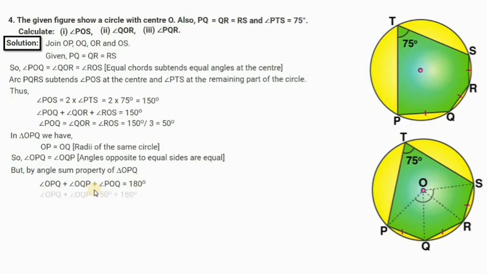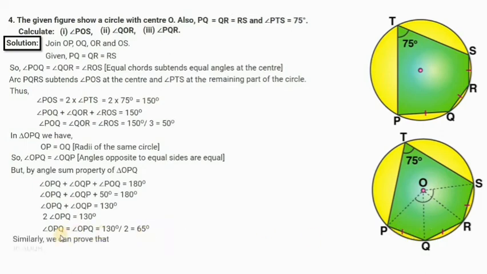We have the value of POQ, which is 50. So OPQ plus OQP will be 130. Since both of them are equal, I'm writing 2 times OPQ here. So the value of each angle turns out to be 65. So this is 65 and this is also 65.